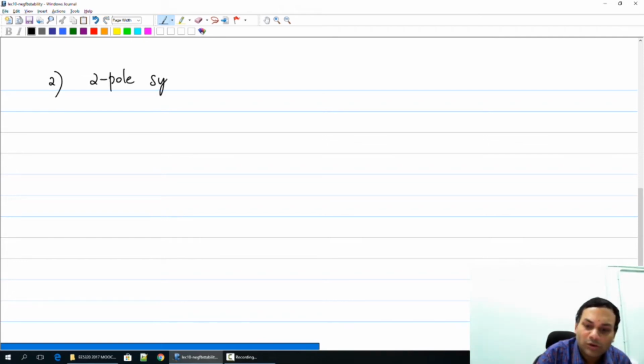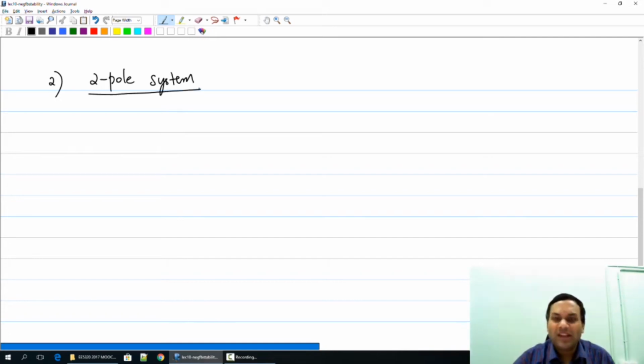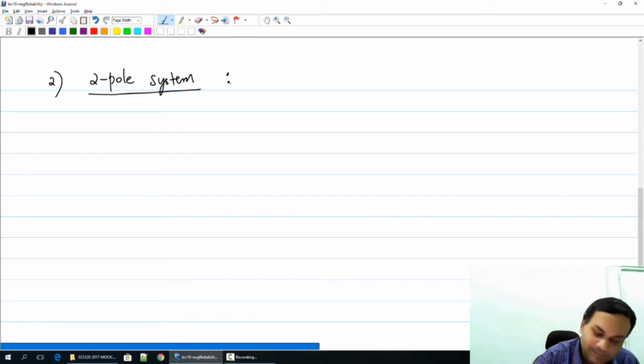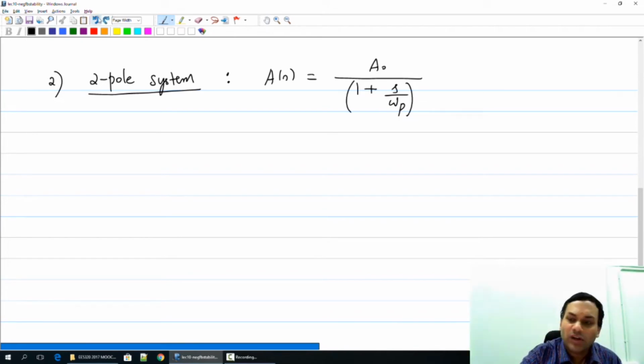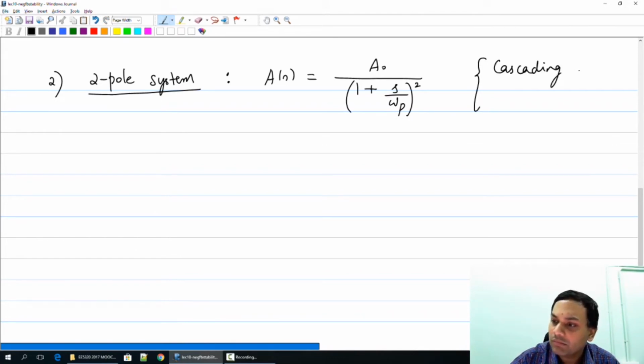Then next we try to build a 2 pole system. If you look at a 2 pole system, we say that A of S is some A naught by 1 plus S by omega p the whole square. In other words, I am cascading 2 1 pole amplifiers.